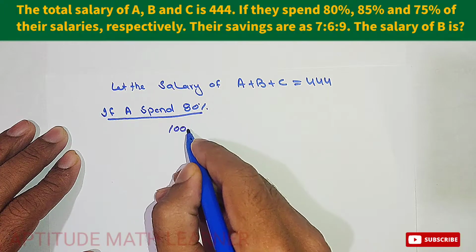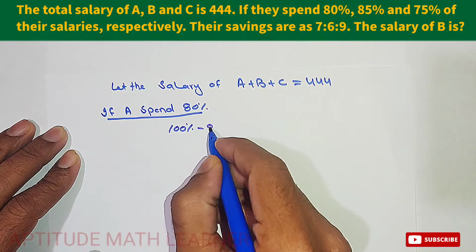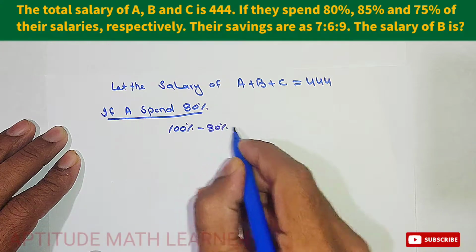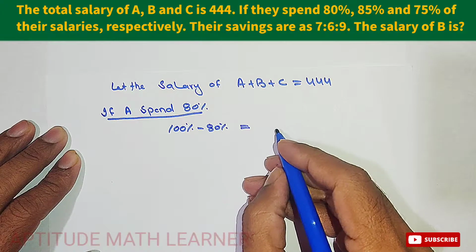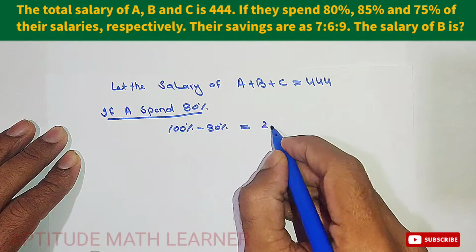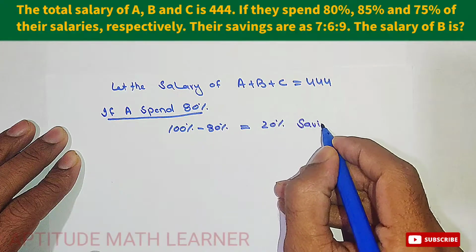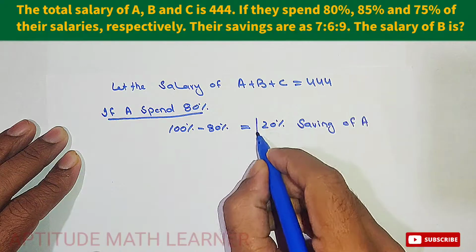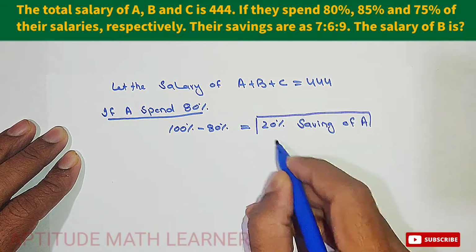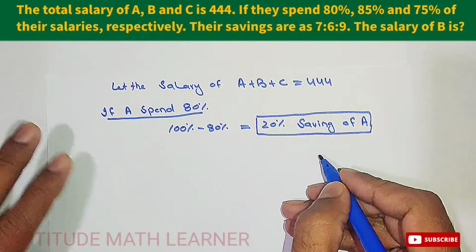From the total salary, that is 100%, if he spends 80%, then we get the savings, that is 20%. So this is the saving of A. I hope you have understood it.